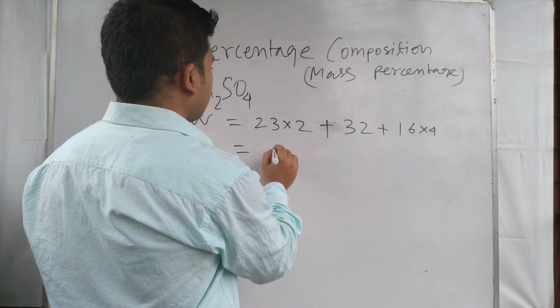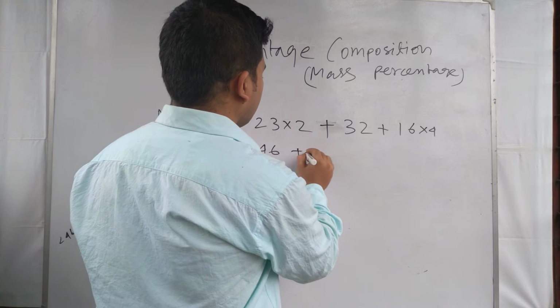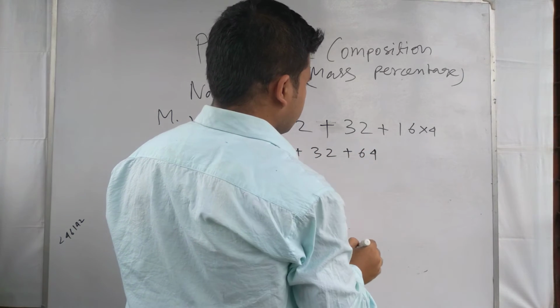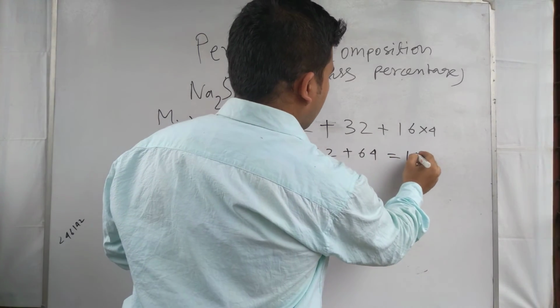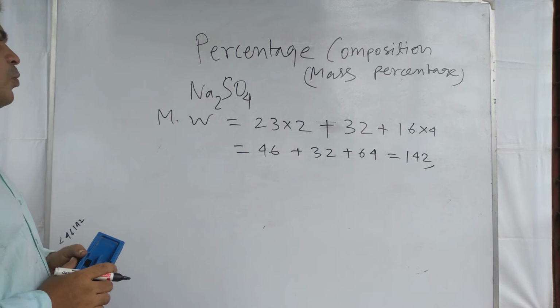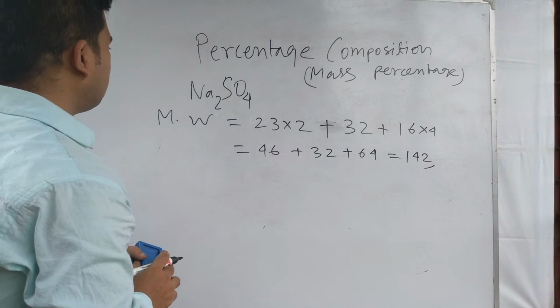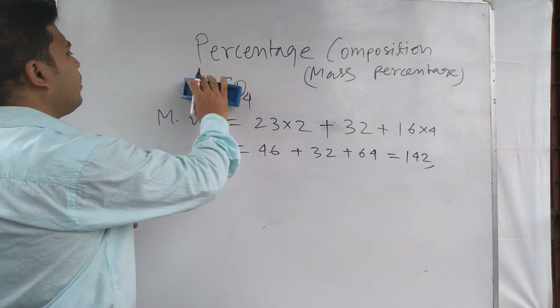If we make the total, 46 plus 32 plus 64, the overall result is 142. This is the molecular weight of sodium sulfate.